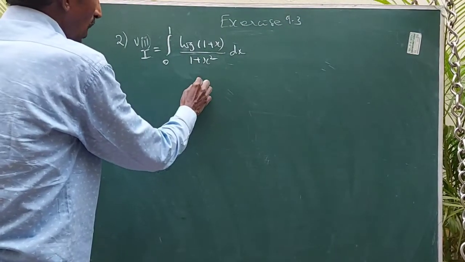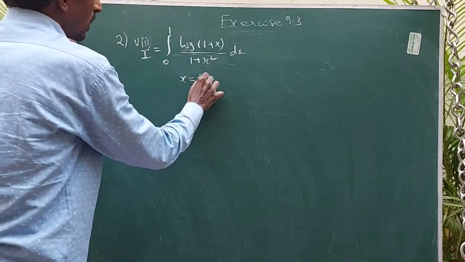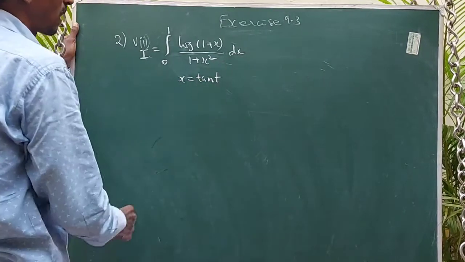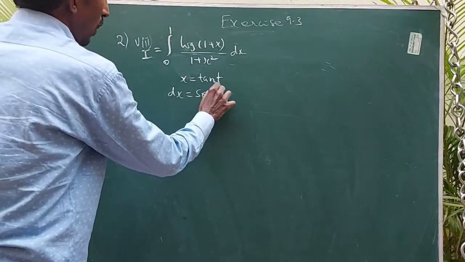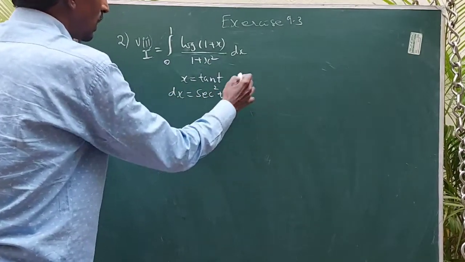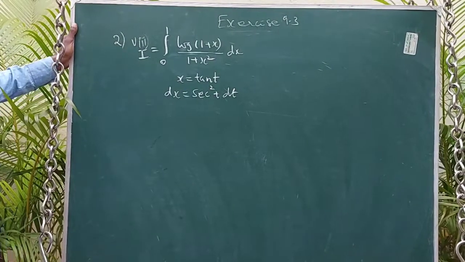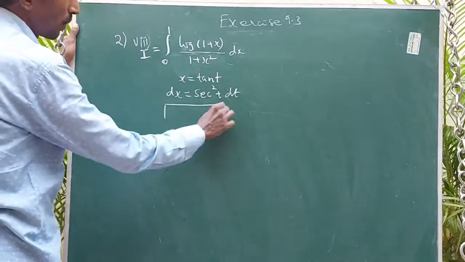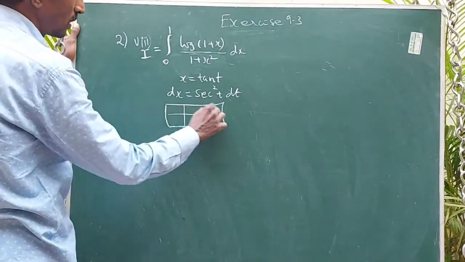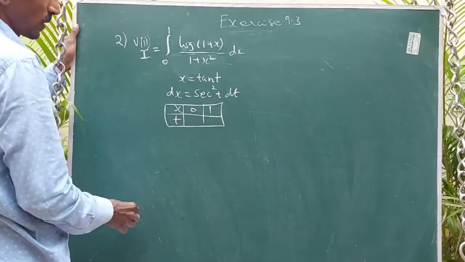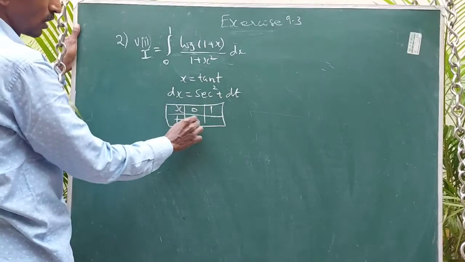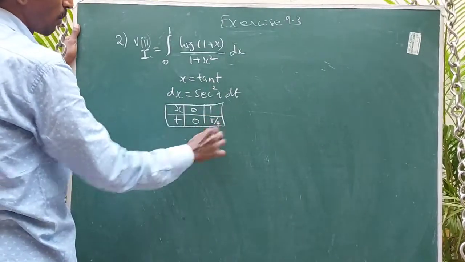So we need to use the substitution method. Here we assume x equal to tan theta, or tan t. So what is dx? Secant square t dt. Again, change of variable leads to change in the limit. x varies from 0 to 1, and t varies from tan 0 which is 0, to tan 1 which is pi by 4.